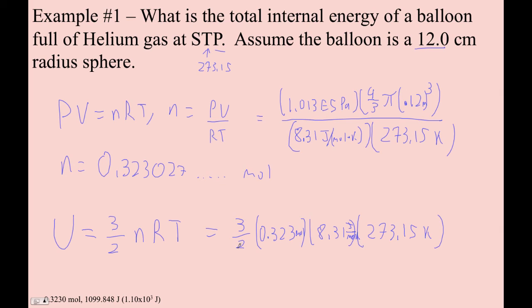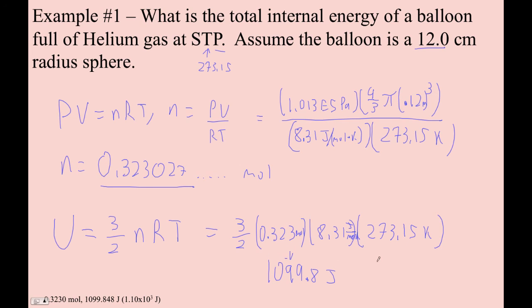So let's try this. 3 divided by 2 times the unrounded answer from my calculator, times 8.31 times 273.15, and I get 1099.8 joules. Now the hard part is to write that with 3 sig figs.